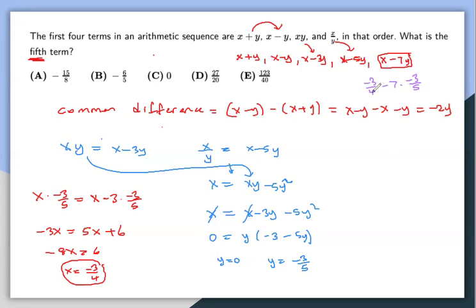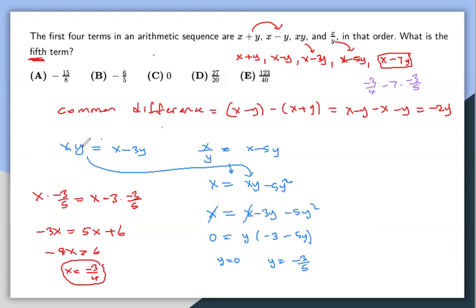So I can multiply this by 5. Let me see. Right, so it looks like this is -3 over 4. Actually, yeah, that was 3 over 4, right? Okay, so then let's go ahead and... 3 over 5 was the answer. So I think it wasn't 3 over 4.